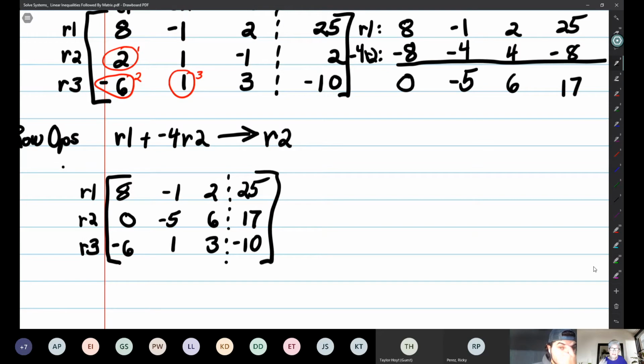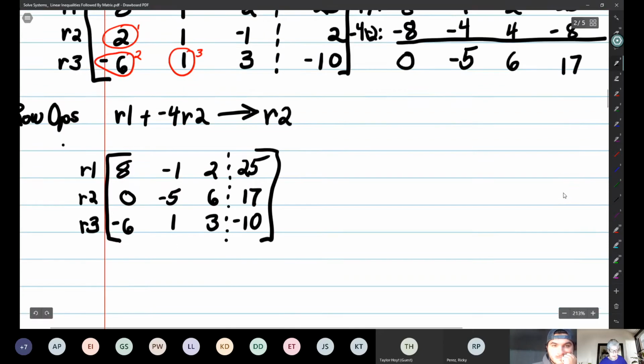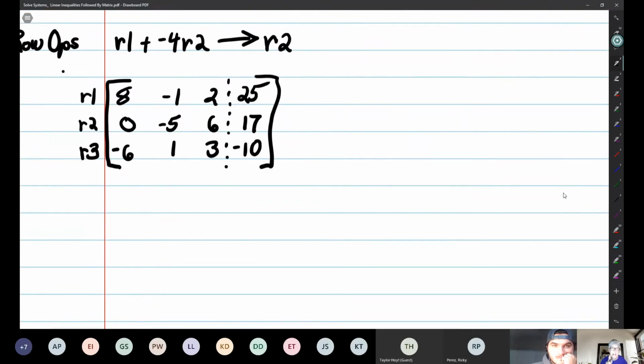We're going to do this fun thing again, row ops. But this time we're going to use row 1 and row 3. Well, I know that 8 and 6 will both go into 24. 8 into 24 goes 3 times, and -6 into 24 goes -4 times.